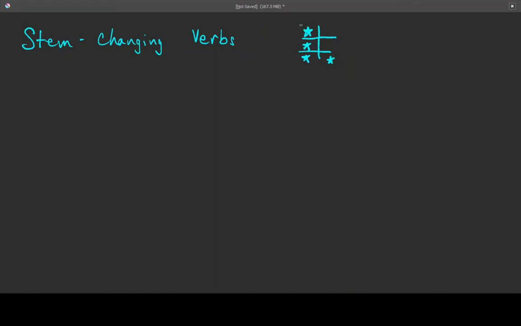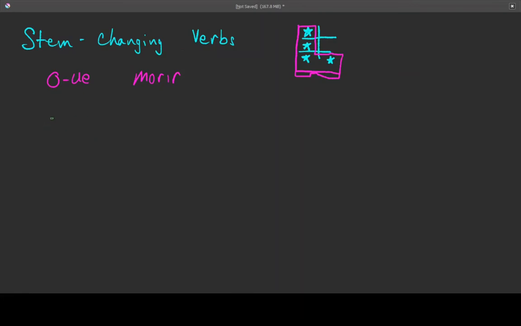A lot of teachers call these boot verbs or shoe verbs, because if I outline the areas where it takes that stem change, like I'm doing right now, that is going to give you something that is roughly shaped like a boot. There are 3 different types of stem changes that we are going to see while we're conjugating verbs in the Spanish language. The first one that I'm going to talk about is O to UE, and I will be using the verb morir to talk about that one.